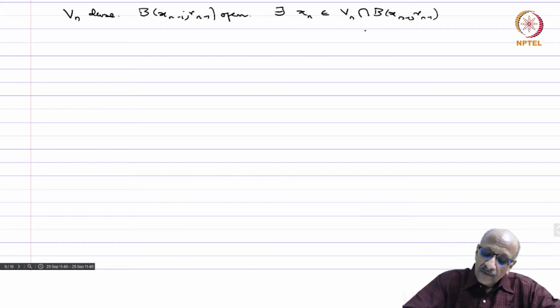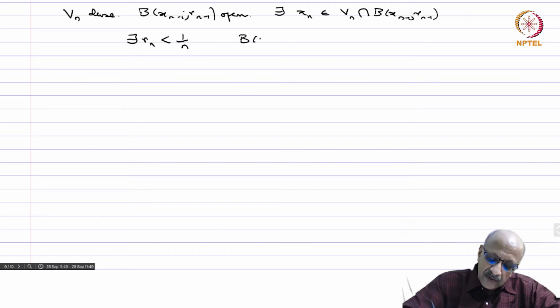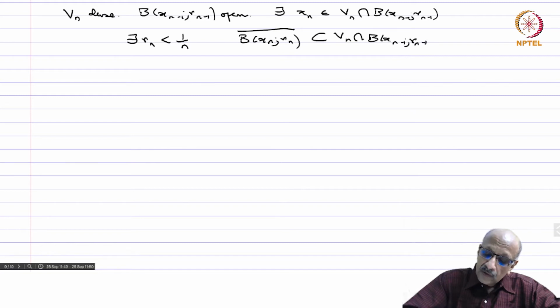Again this set is open, and therefore it will contain a ball centered at xn with a positive radius. We shrink the radius if necessary, and therefore there exists rn less than 1 by n such that the closure of B of xn, rn is contained in Vn intersection B of x(n minus 1), r(n minus 1).